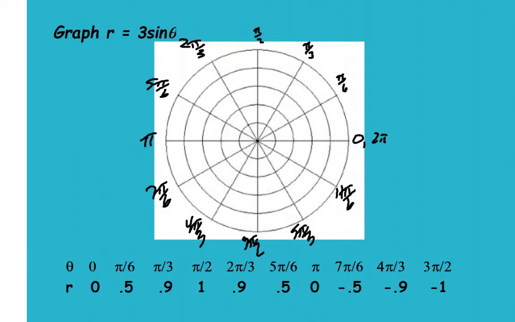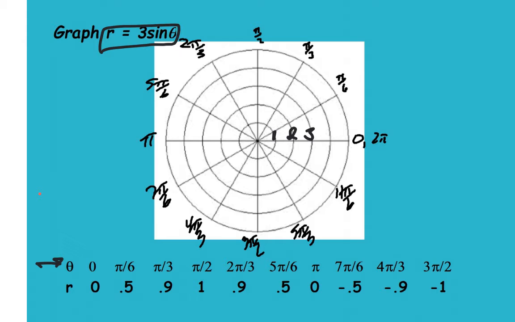Now let's walk through putting the points on this one together, okay? So this is for r equals 3 sine of theta. And this is theta, and then here are the normal r's. So for 3 sine of theta, we'll make this a 1, this is 2, and this is 3. You've got to make sure you scale it properly.